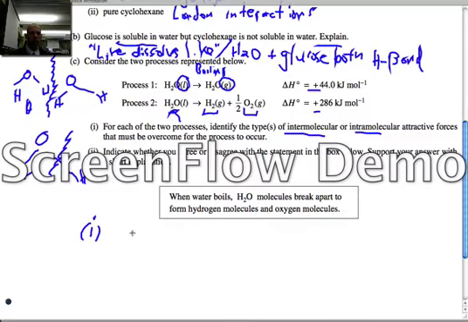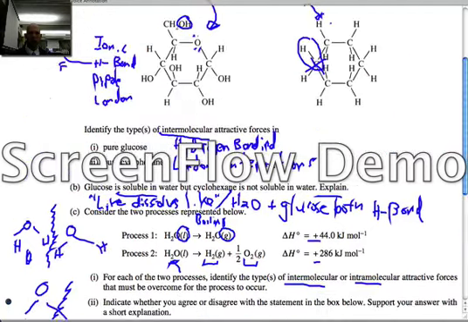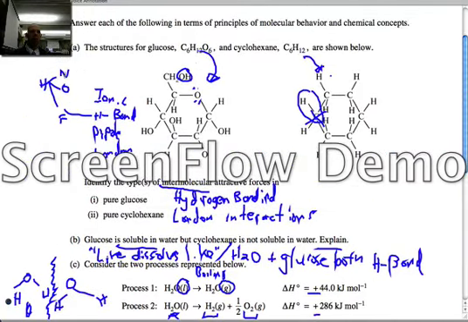So for the first one, that is the inter, and the inter processes are hydrogen bonding. So hydrogen bonding, which is an inter process, is the force that must be overcome. And in process 2, it's the intra. So when you back up water to its intra, let's remind ourselves that if we think about our chart, ionic came from ionic.